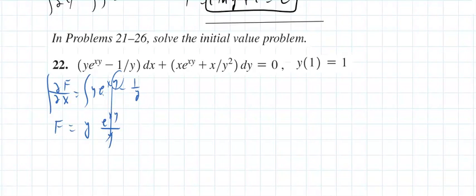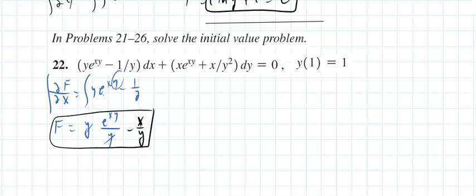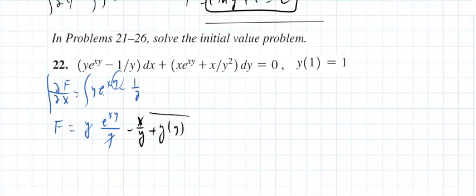I love it when it does that. Minus, and the partial of that is a 0. That's 1 over y. So with respect to x, there it is, plus a function of y.